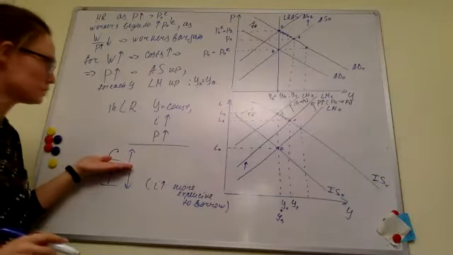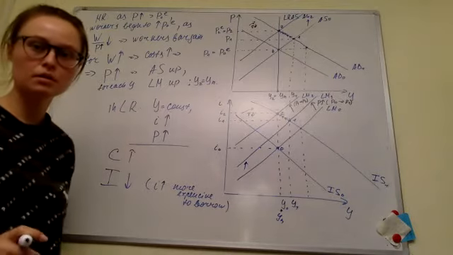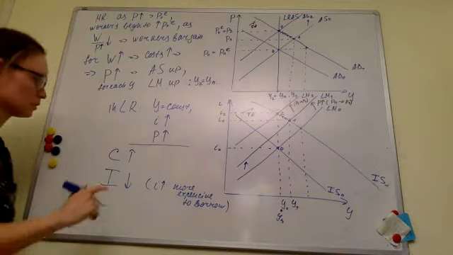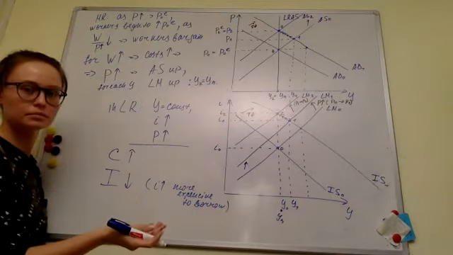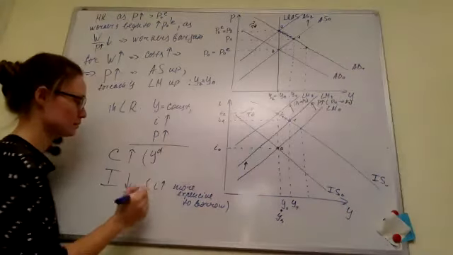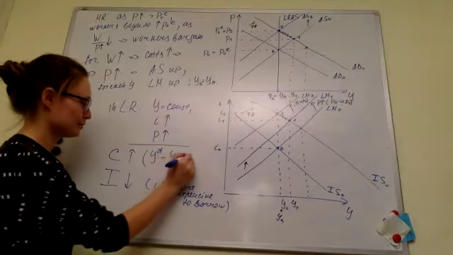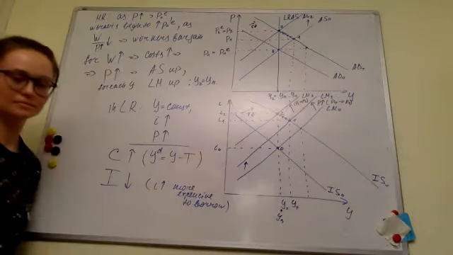Consumption increased. Why? Our total income. I can explain. Please. I think I can explain why. Because from the formula of disposable income. Disposable, yes, disposable income is like GDP minus taxes.